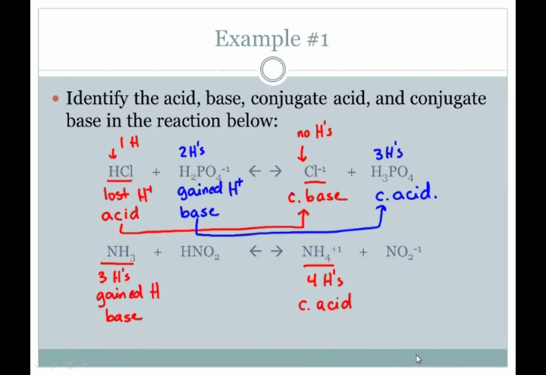HNO2, I check just to double check myself here, I see one H in the reactants and I see no H's in the products, which tells me that this lost an H. Oh, I should have made this blue. Whoops. Lost an H, which makes this my acid. And that makes NO2 negative 1 my conjugate base, because my conjugate base is always what the acid becomes.